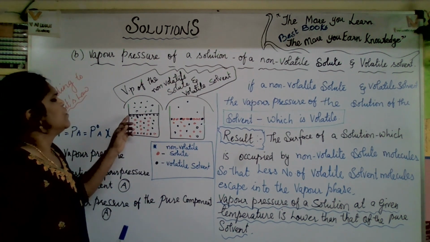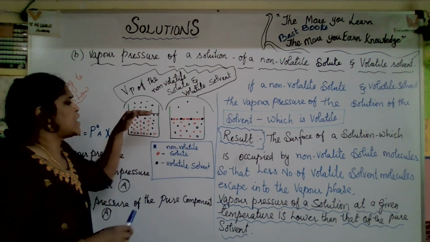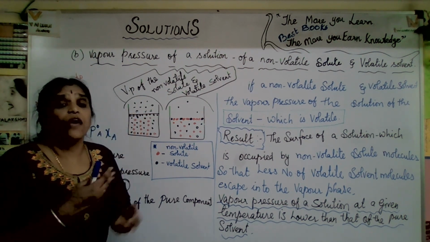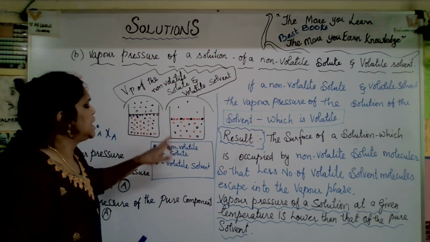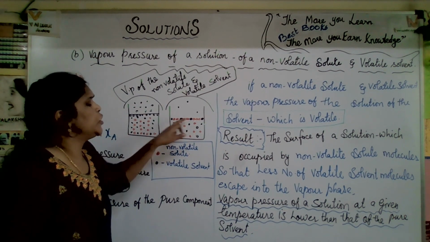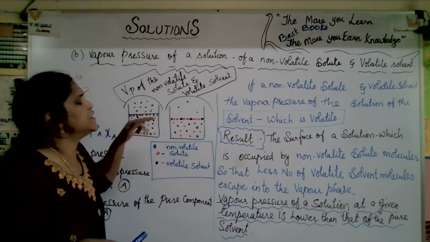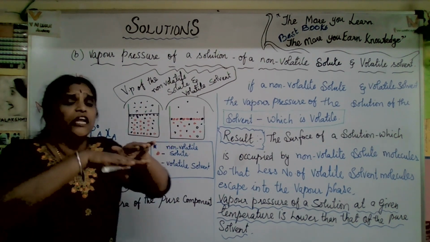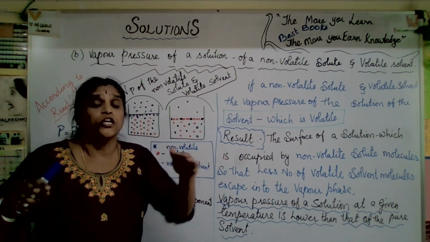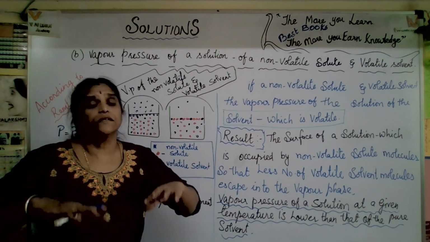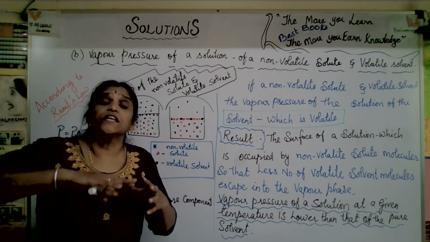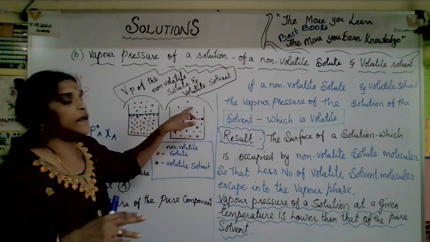The volatile solvent on top is easily evaporable, but the non-volatile solute occupies the surface of the solution and blocks it, so the volatile solvent does not easily evaporate into the vapor phase.